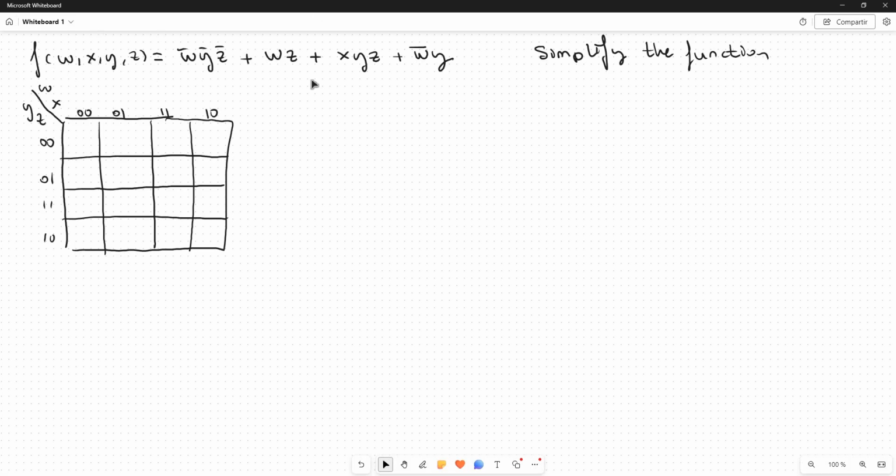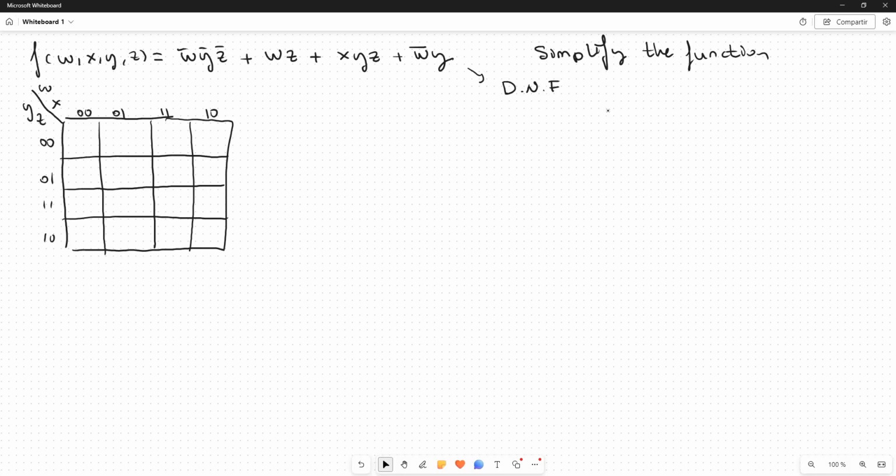This function is in algebraic form, and if you look at the expression, it's a sum of product terms. A sum of product terms is a disjunctive normal form.